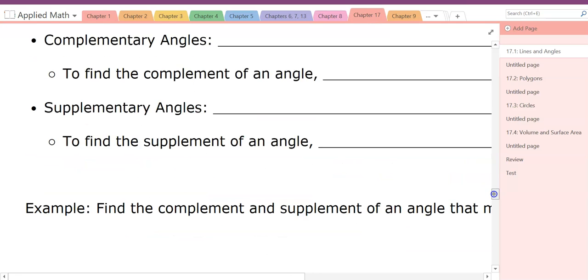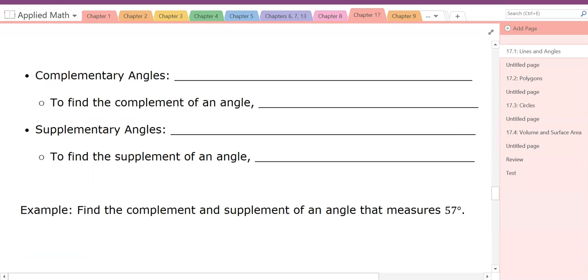All right, do you guys remember what complementary means? Yeah, you're on the right track. Complementary means that they have to add up to 90. So complementary angles are when they add up to 90 degrees.